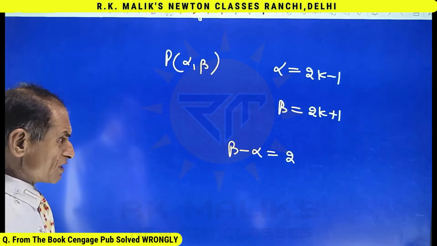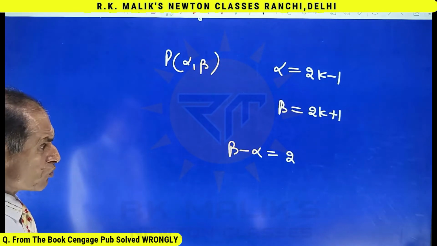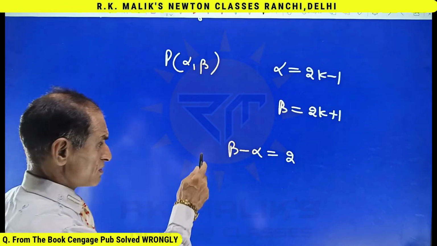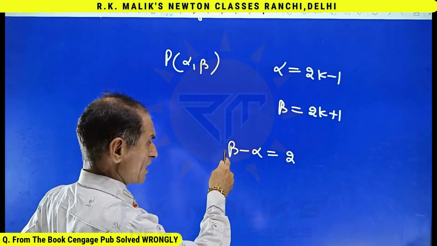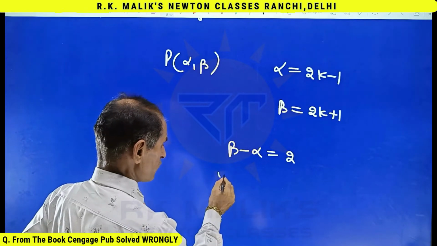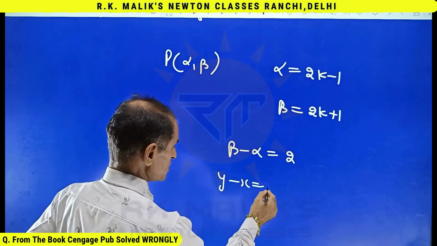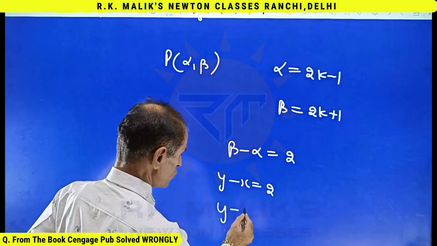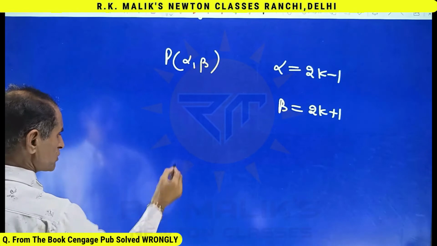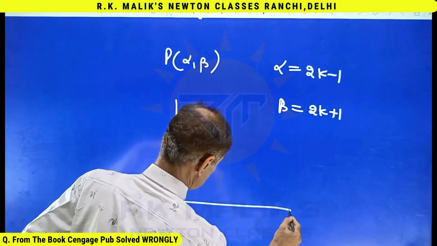Because this is a relation which is not containing any other variable except alpha and beta, this is a proper relation. And now we write x for alpha and y for beta. I get y - x = 2, that is, y = x + 2.